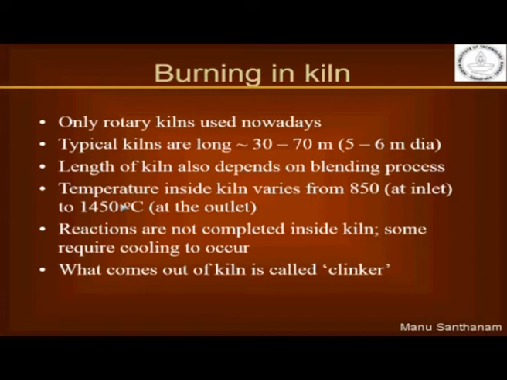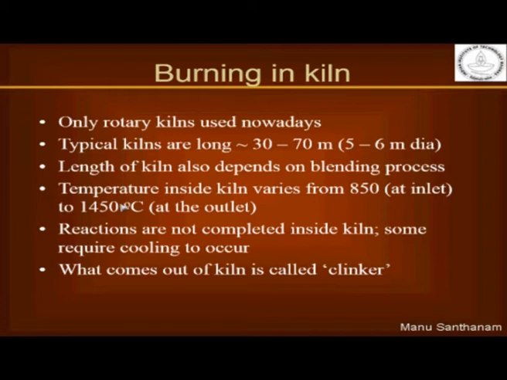Okay, so inside the kiln, the temperature, as I told you, I showed you the kiln earlier with the source of the fuel at one end, where the fuel source is, the temperature is close to about 1500 degrees Celsius, and at the inlet point where the material is coming from the preheater, the temperature can be up to 800 to 850 degrees Celsius.